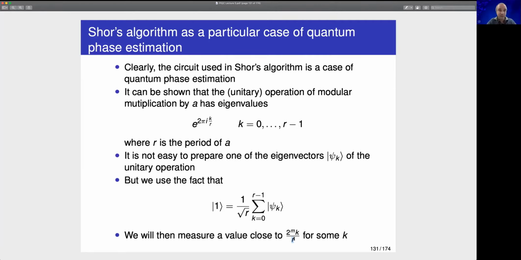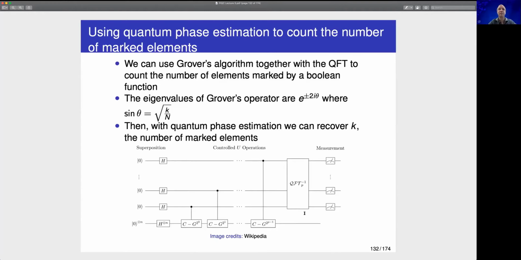There are a lot of details that I have not explained, but I refer you to John Watrous's lectures. Everything is explained in a lot of detail there, but the ideas are the ones that I have been discussing. This quantum phase estimation algorithm is also interesting because we can use it in other situations.